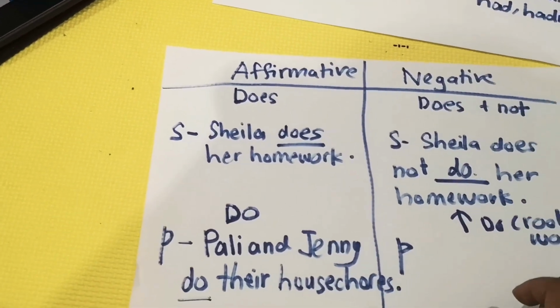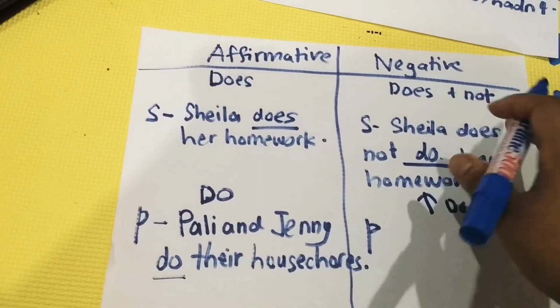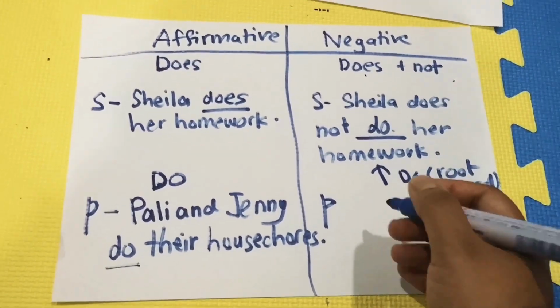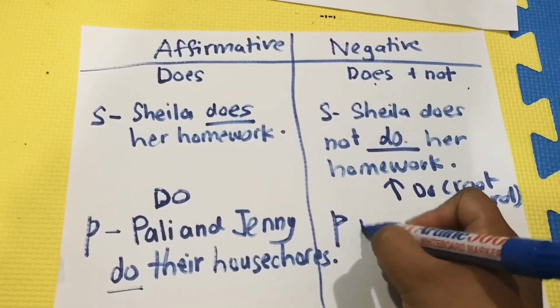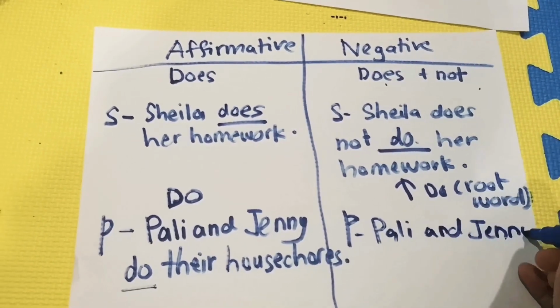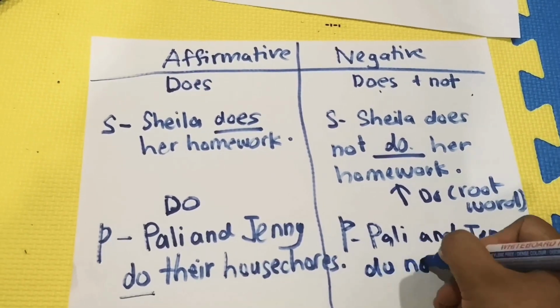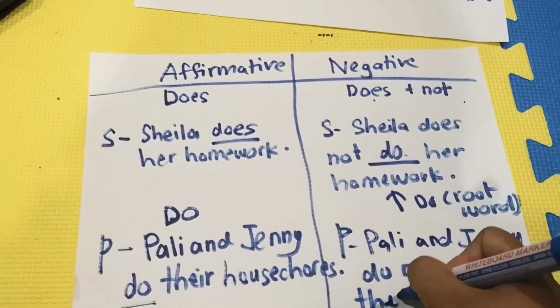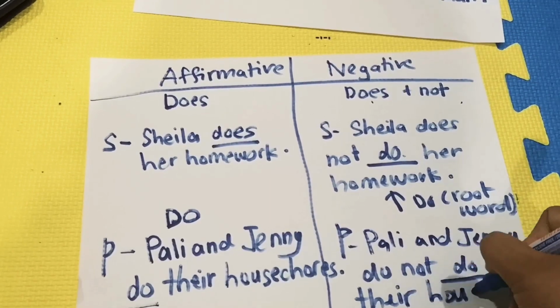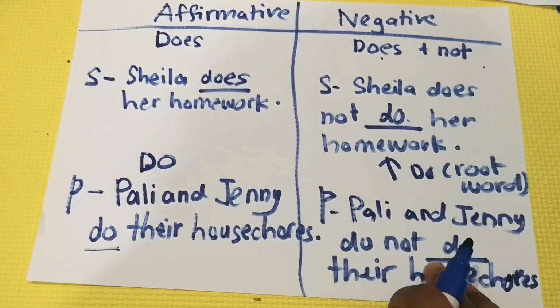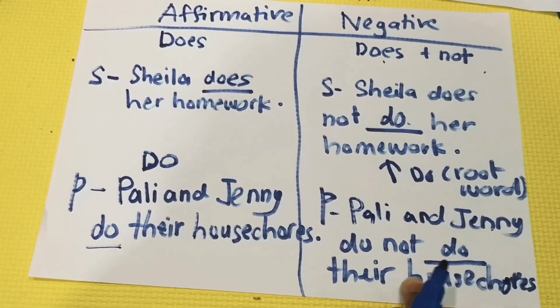Whereas for plural negative, we will just add do plus not. Which is Polly and Jenny do not, again the root word, do not do their house chores. So Polly and Jenny do not do their house chores.